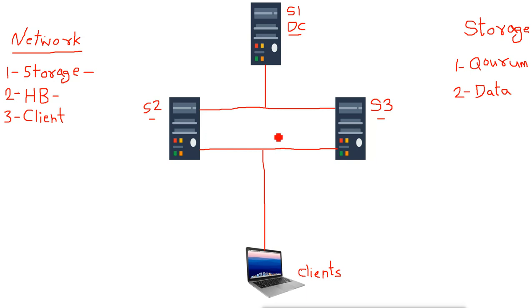Now by sending this heartbeat, it is like saying hello to the other. Server 2 is saying hello to server 3, and server 3 is saying hello to server 2. By doing this, they know whether the other server is running or not. If server 2 says hello to server 3 and server 3 does not reply, server 2 assumes that server 3 is not running, and it will start taking over all the services running on server 3.